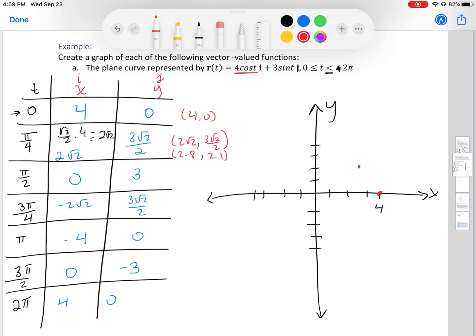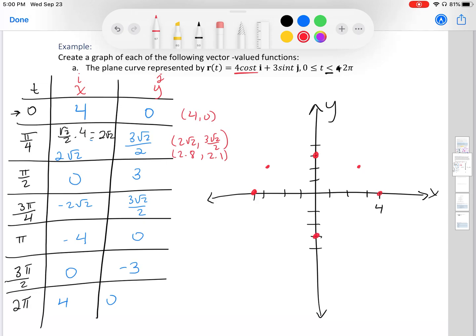And then we get 0, 3. Similar to that, we get negative 2.8 and 2.1. Then we get negative 4, 0. We get 0, negative 3.